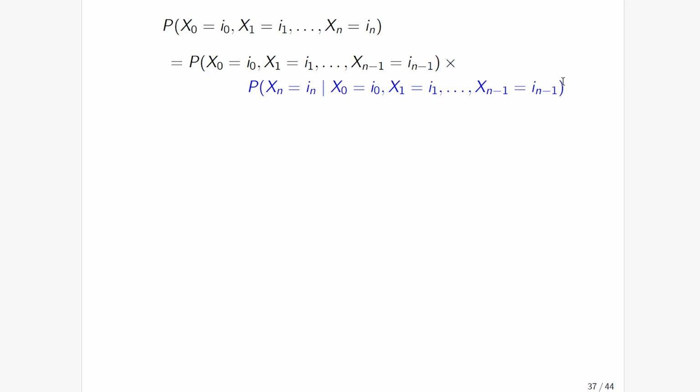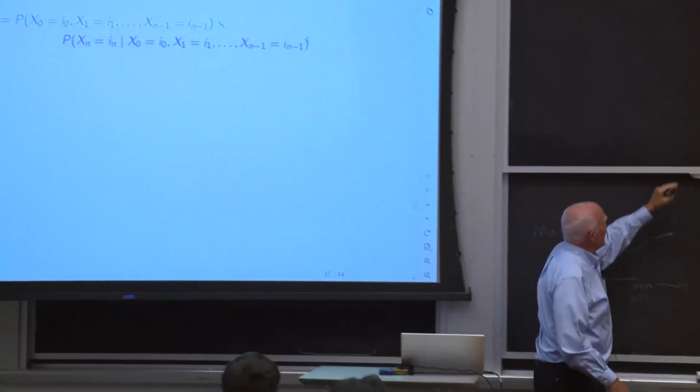Now, in calculating the joint probability of the first n values, states being i0 through in, we can decompose this probability into the marginal probability of the first n minus 1 times the conditional probability of the last given the others.